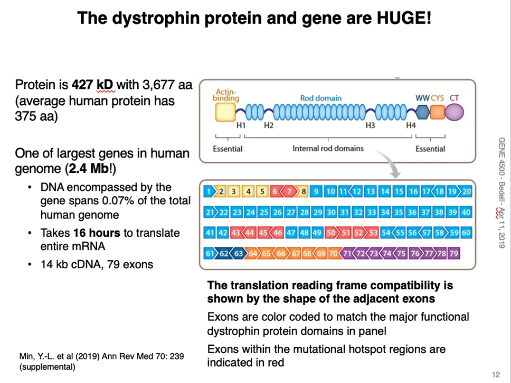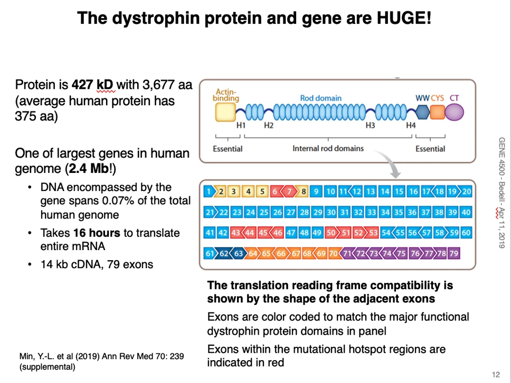Now, how can that happen? Well, it's because if you understand what's going on here, see how each of these is an exon, whether it's a nice rectangle, square, or whether it's got these shapes. Now pay attention to the shape of each of these. If they're splicing 3 to 4 to 5, and this one not having the triangle shape at the end, these are all in the same reading frame.